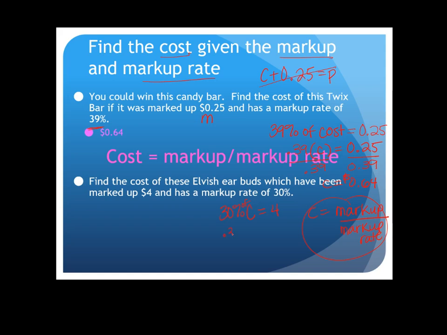So I can convert this to a decimal, 0.30, by moving it over twice, times the cost gives me 4. So I'm going to divide by 0.30 on both sides, giving me $13.33.